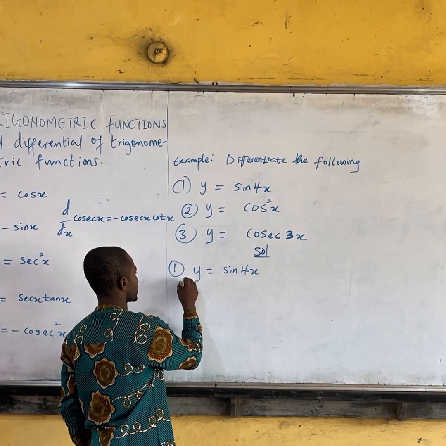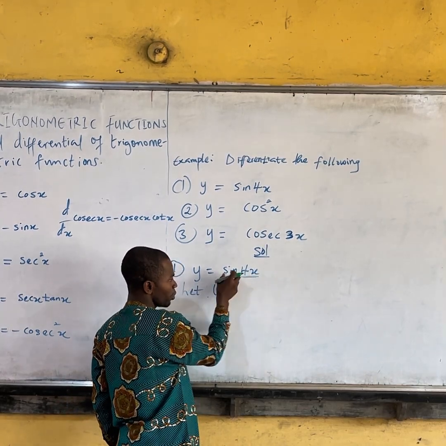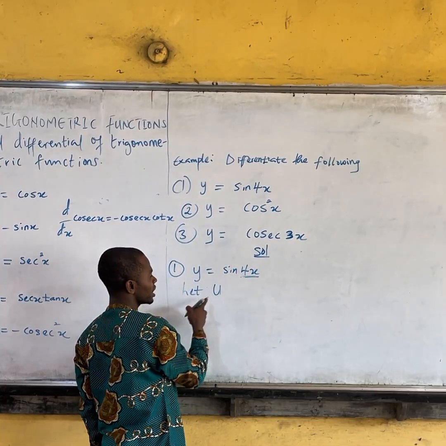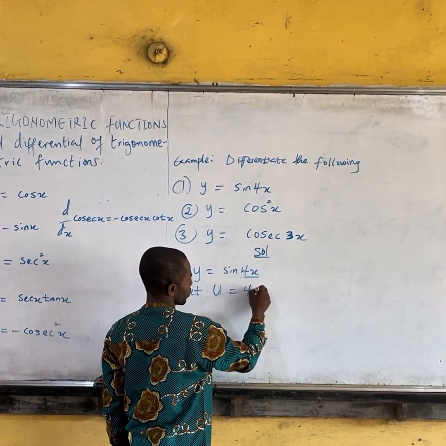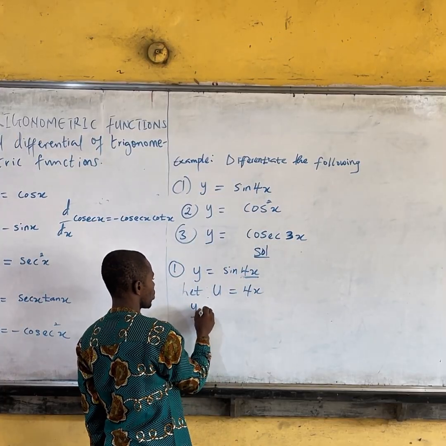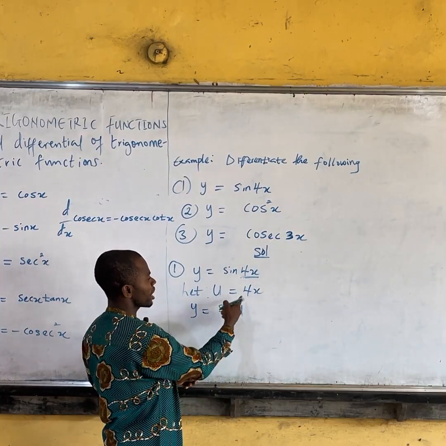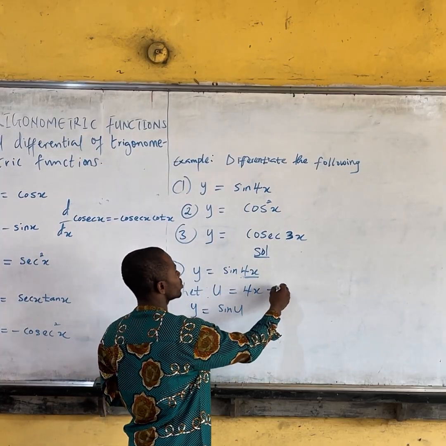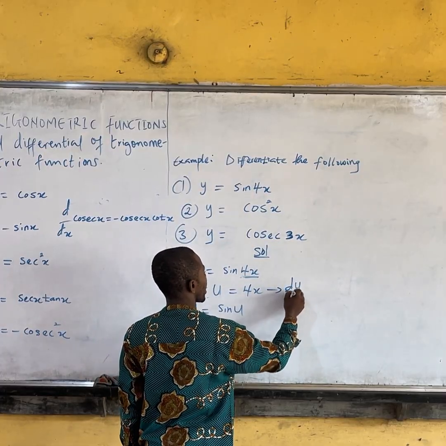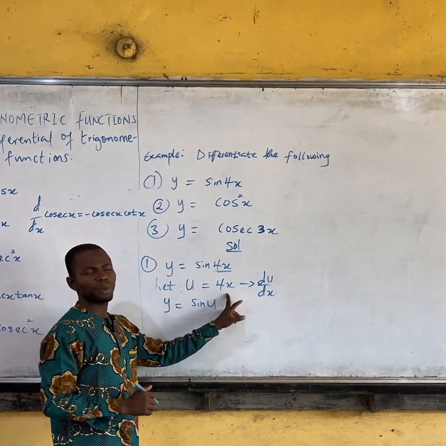I will now let u represent what is composed in sine, which is 4x. So let u be 4x, which implies that y will be sine of u. Since my u is 4x, from this u I can generate du/dx, that is the differential of u with respect to x.